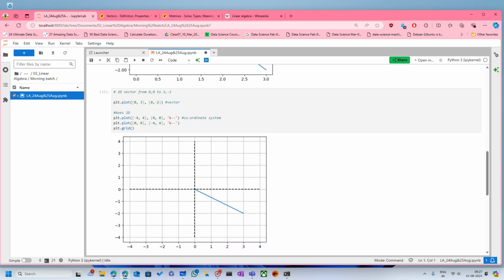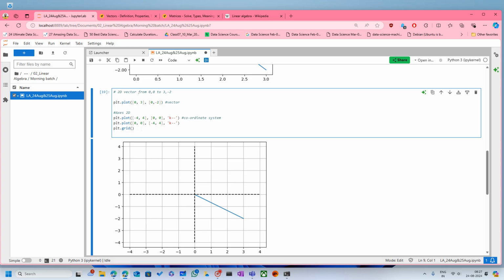Now you can also add axis values. Let's just say you want to add a title. You can simply type 2D vector, plt dot title. If you add it, it will add a title from 0 comma 0 to 3 comma -2.